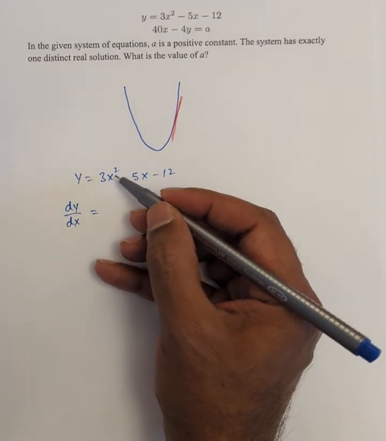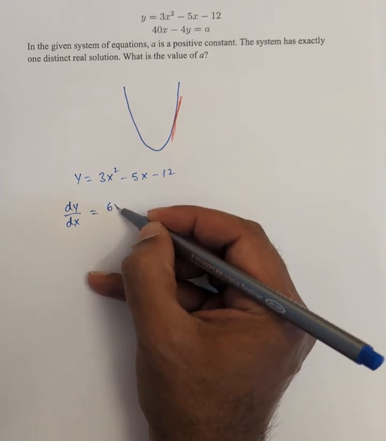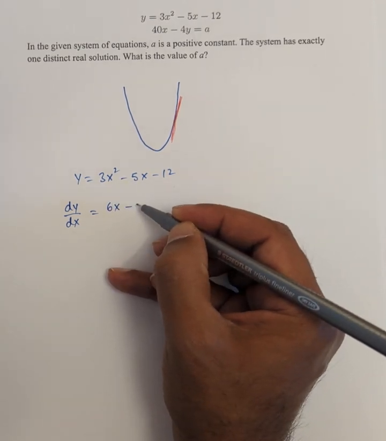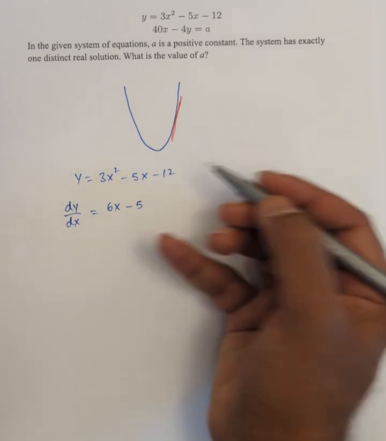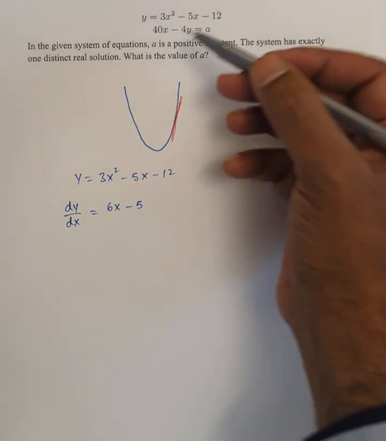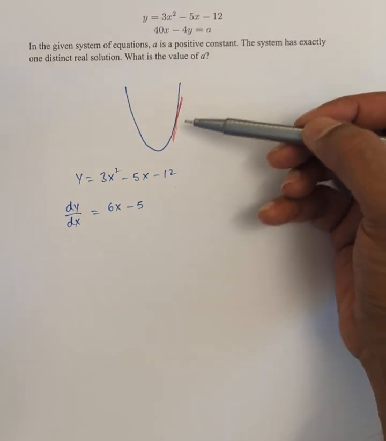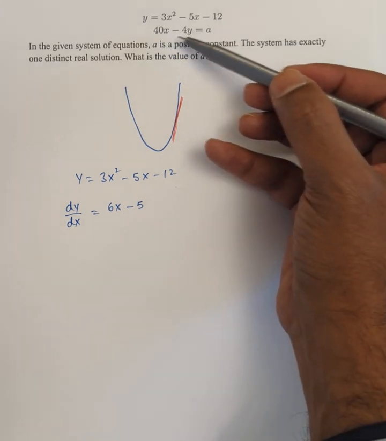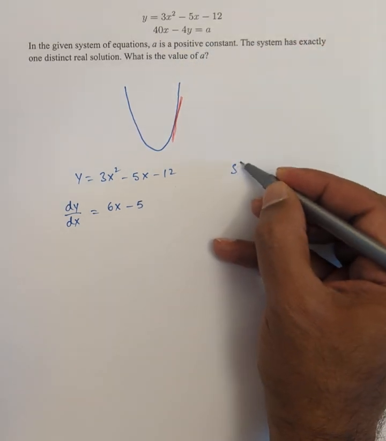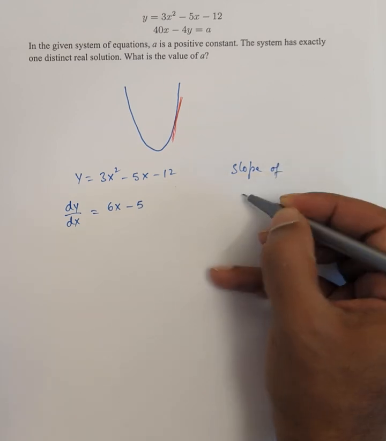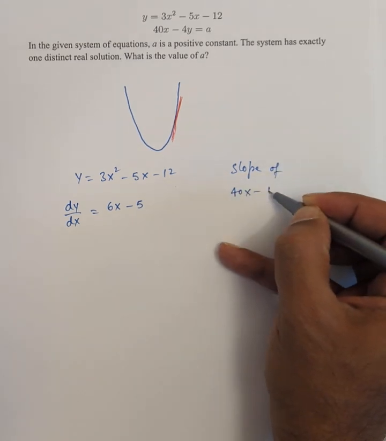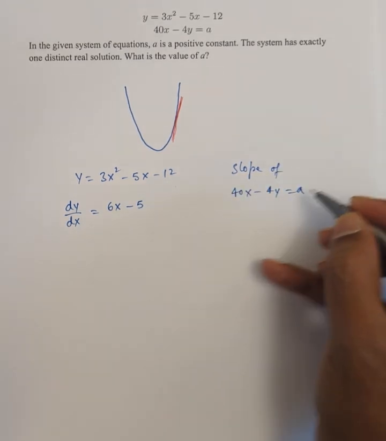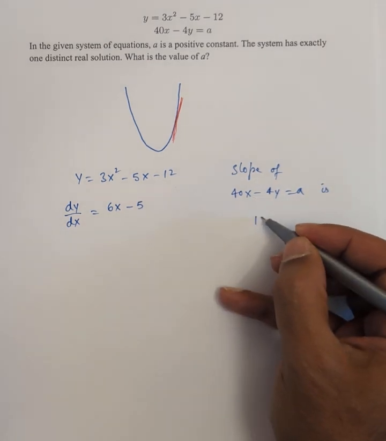Now, we learned that this will give me 6x and this will give me negative 5, and the derivative of a constant is 0. And so derivative is nothing but the slope of the tangent line. But what is the slope of this line? Slope of 40x minus 4y equals a is just 10.